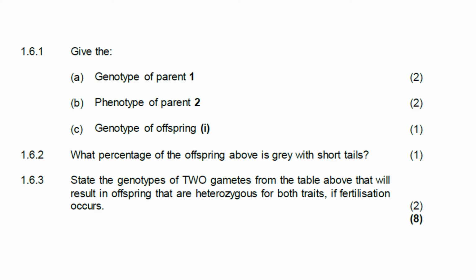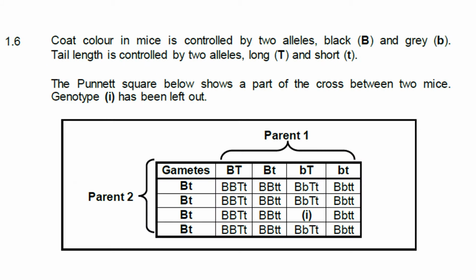Then if we have a look at 1.6.1c, the genotype of that missing offspring. So now we're looking for the genotype over there. Remember here, we want to take the gamete produced by that parent over there and the gamete produced over there, and they will come together and give you that particular offspring.